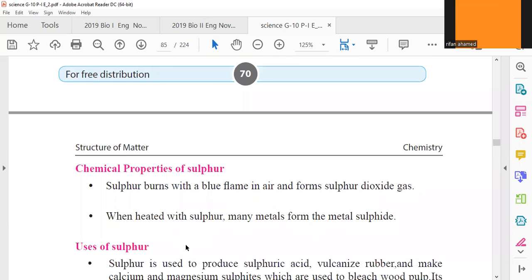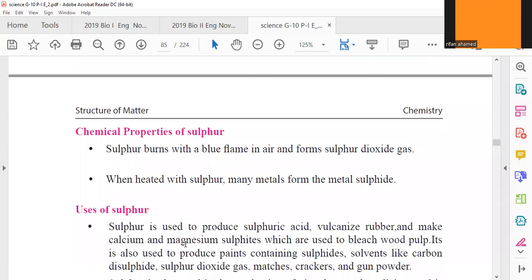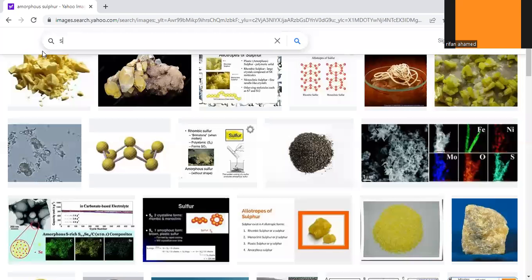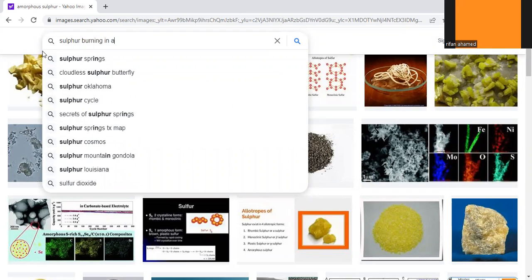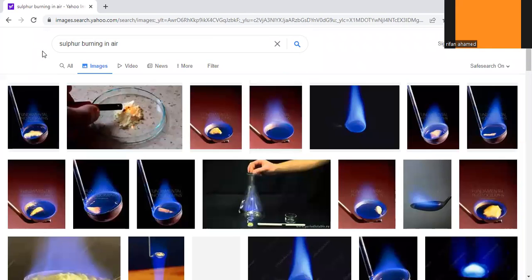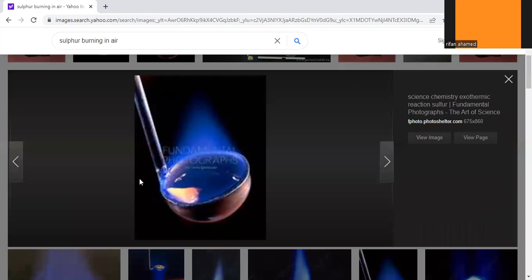Once you come to the chemical properties of sulfur, here I am marking sulfur burning in air. When sulfur burns in air, it will create a blue color flame. You can see the blue color.